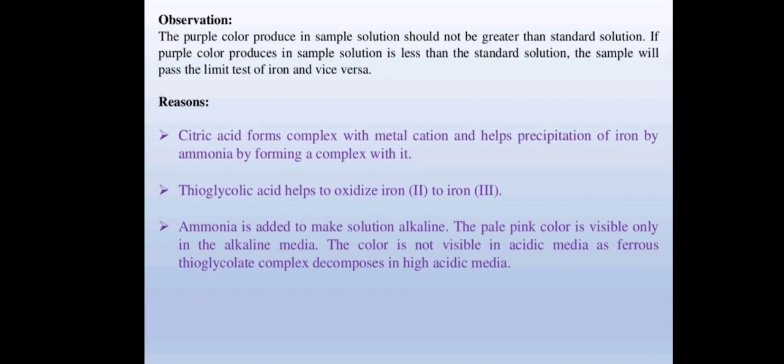Then ferrous iron reacts with thioglycolic acid in presence of citric acid and ammonia. It will give a complex, ferrous thioglycolate. The color of the compound is pale pink to deep reddish purple color. So in the limit test for iron, we can compare the test color with the standard color.